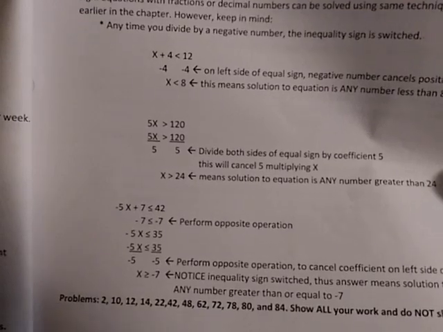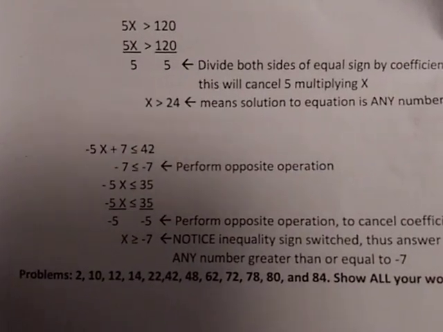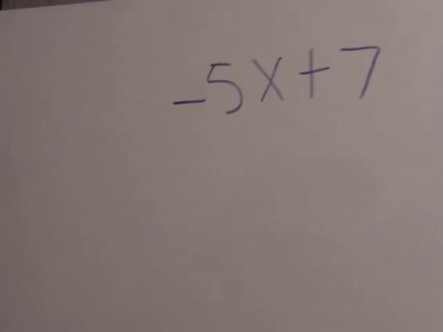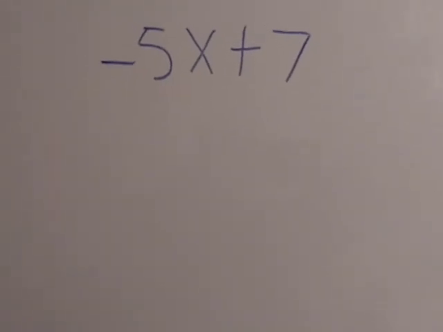So we'll do this problem here: negative 5x plus 7 is less than or equal to 42.